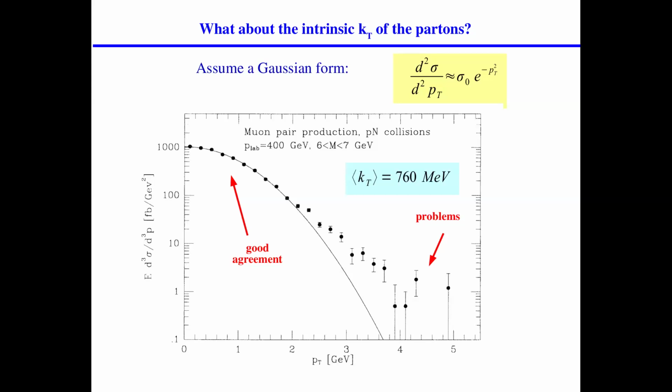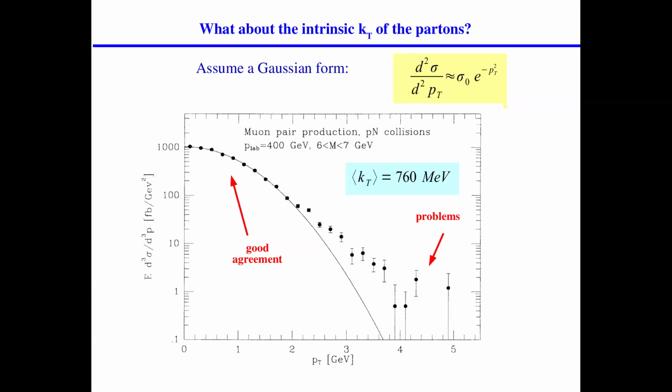So I've got 1, 2, 3, 4 decades in the cross section. So this is way down in cross section. But if I have a little bit of smearing, of just a few hundred MeV, a fraction of a GeV, this is falling so steeply that if I smear this a little bit, I can impact this.